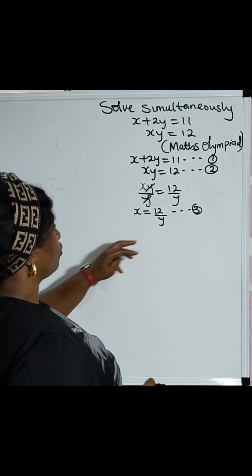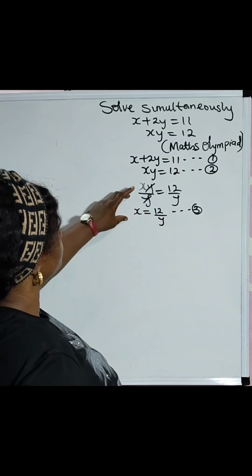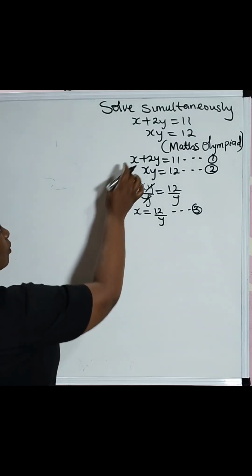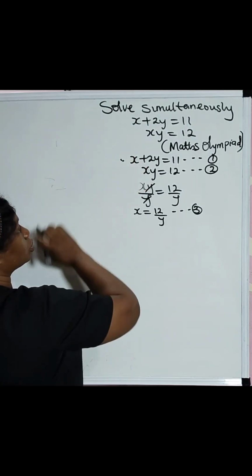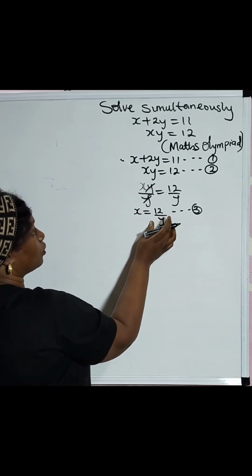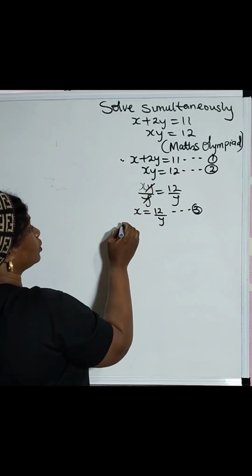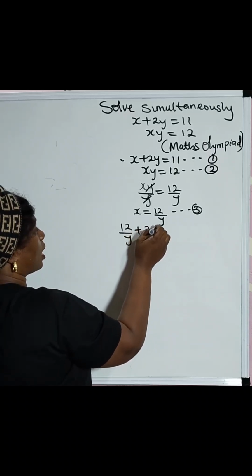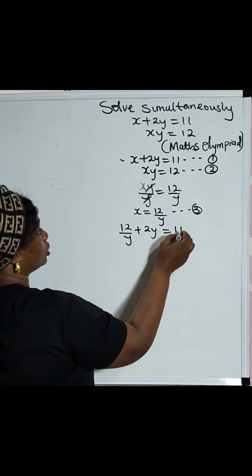Now, from here, we substitute equation 3 in equation 1. This is our equation 1. So, wherever we see x, we put 12 over y. So, we have 12 over y plus 2y is equal to 11.